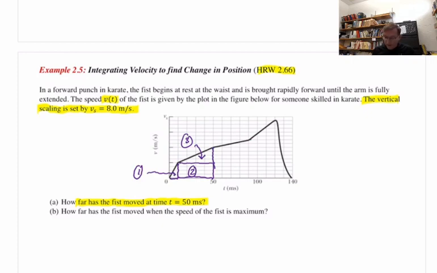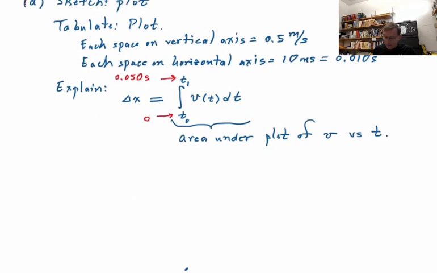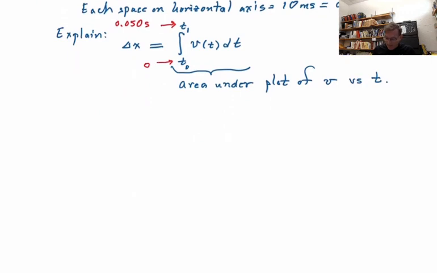Okay, so let's find the area for shape 1. It's a triangle, so that's 1/2 base times height. Remember that little formula for the area of a triangle? 1/2 base times height.